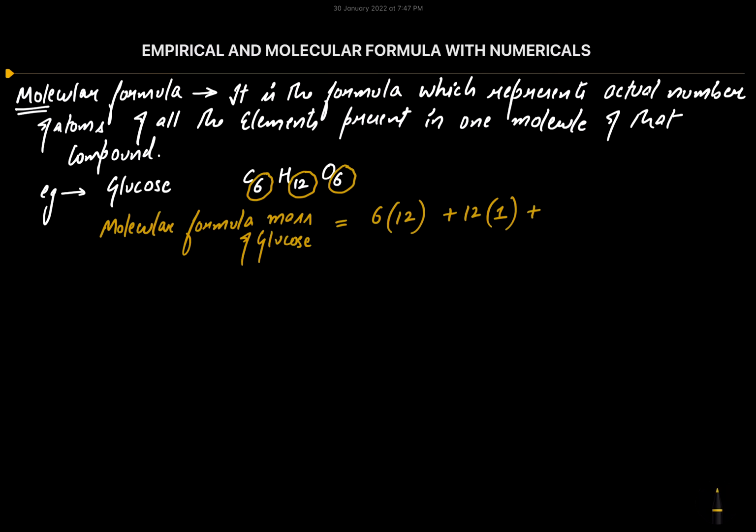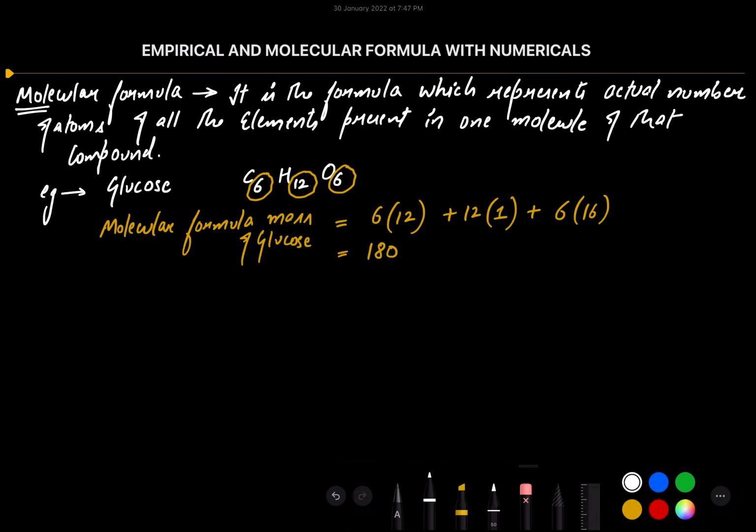What's the atomic mass of oxygen? It's 16. How many oxygen atoms are we having? 6. It comes out to be 180. So that's all about molecular formula. I'm repeating it again. It is a formula which represents the actual number of atoms of all elements present in one molecule of that compound. Now let's talk about empirical formula.